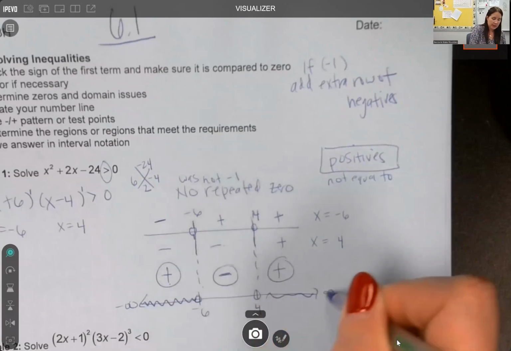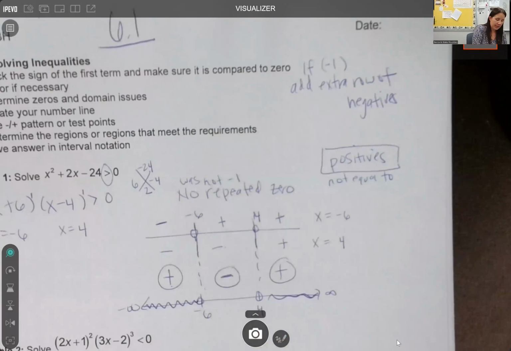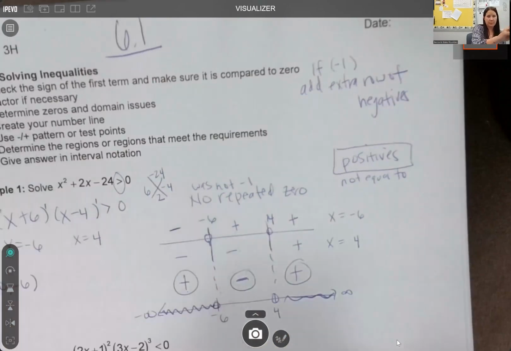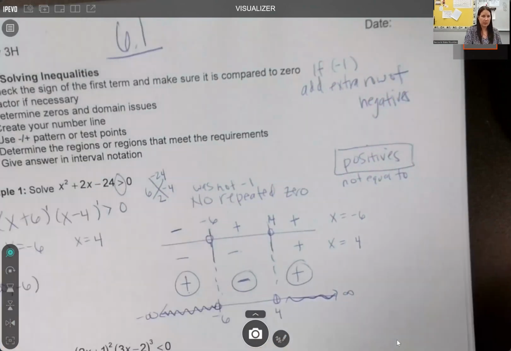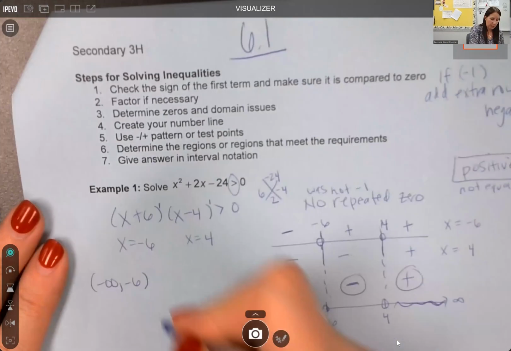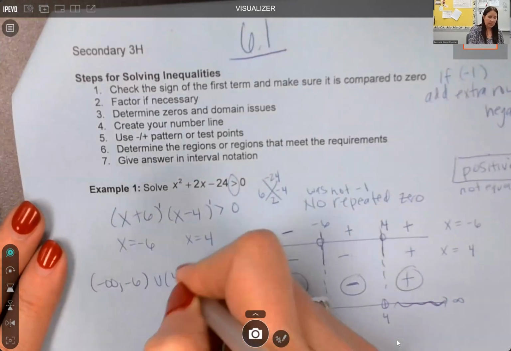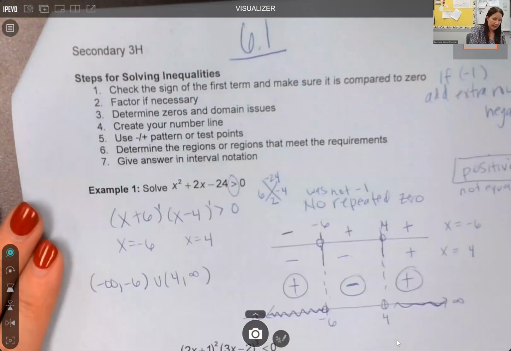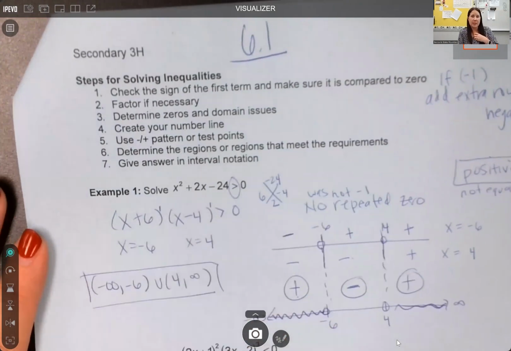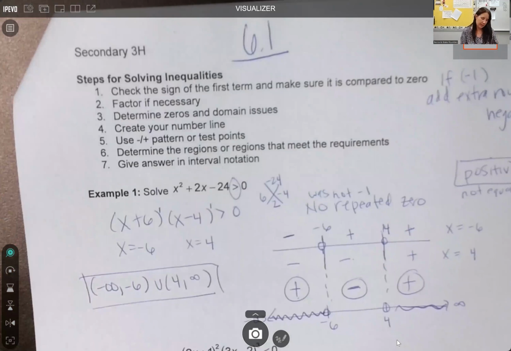Those are positives. So our answer is -infinity to -6, parentheses, and also from 4 to infinity. That is where this graph is positive, or above the x-axis.